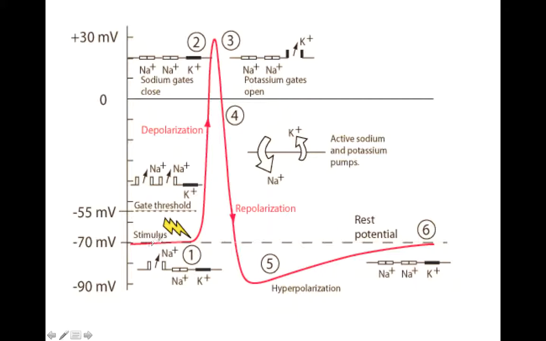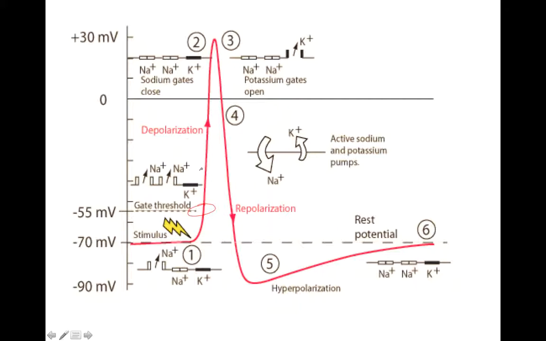This causes those sodium channels to open, which is what we see here. And when the sodium channels open, if we get enough of them open, we can go from -70 to -55. Once we get to -55, because enough of that sodium has rushed in, then the action potential is going to happen. You're going to get full depolarization.